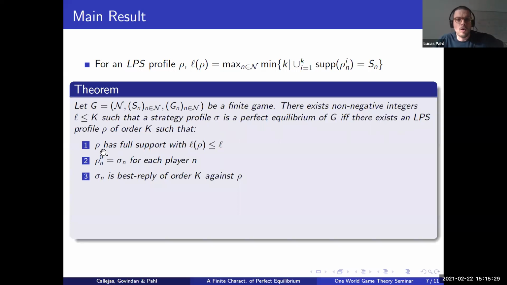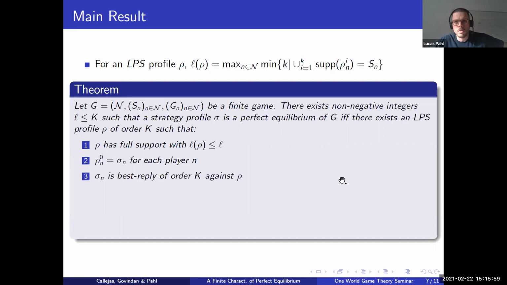The first one says that ho has full support with the length of this LPS less than L. The second one says that the primary theory is correct, as we've seen before in the definition of lexicographic Nash equilibrium. And the third says that sigma n is a best reply of order K against ho. So 2 and 3 are just the properties that characterize lexicographic Nash equilibrium.